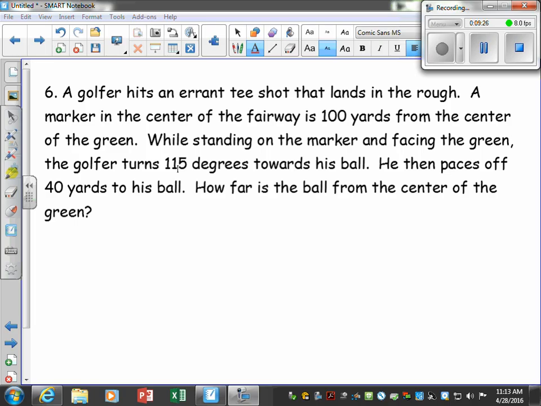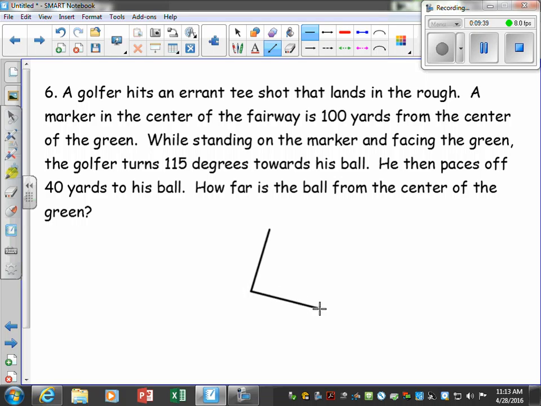So all I'm going to practice with you right now is actually setting this up. So first of all, let me just start with this triangle. And of course, this is not going to be to scale. Alright, so let's just say this is my marker.